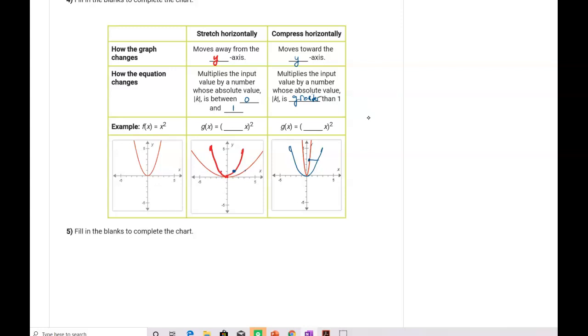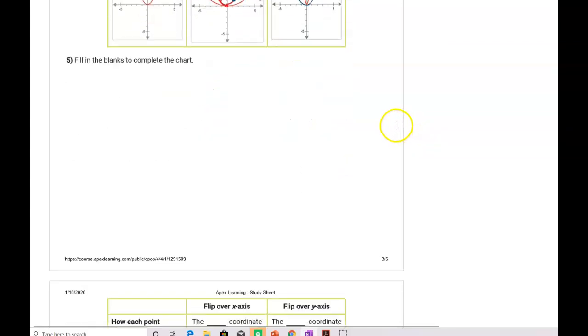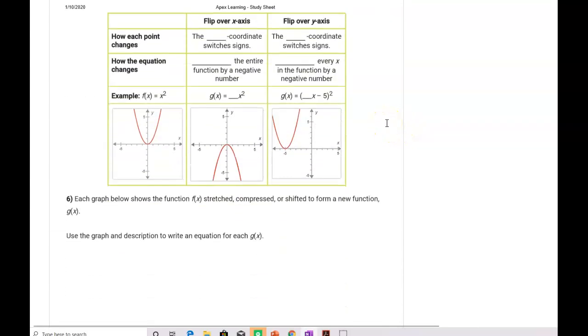So g of x here for a stretch horizontally might be, say, 1/3 x squared. If it's a compression horizontally, it might be 4x squared.